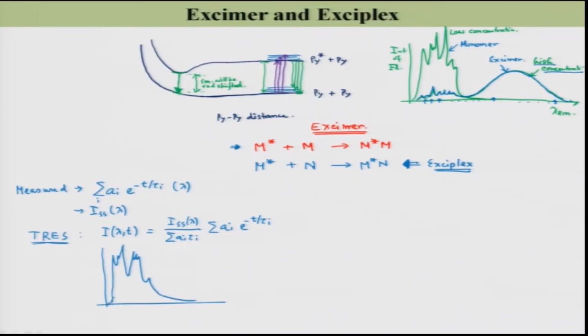After some time, a little bit of excimer has formed, time t equal to t, and at time t equal to infinity probably what you are going to see is such kind of thing, right. So, from here you will be able to calculate the evolution of this band with time, and you can talk about the formation kinetics, right.